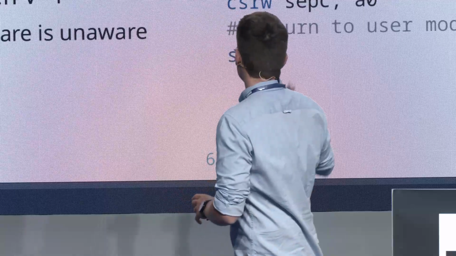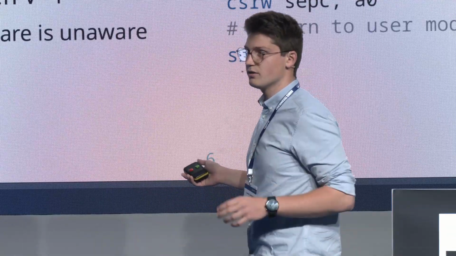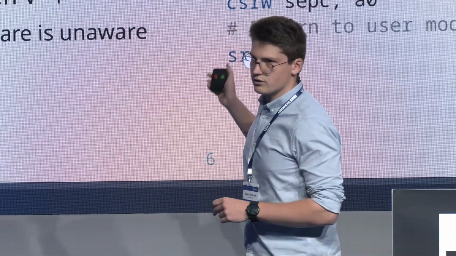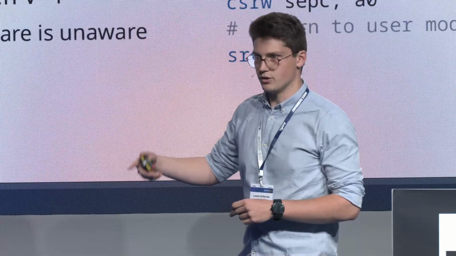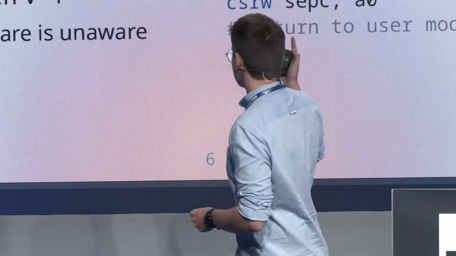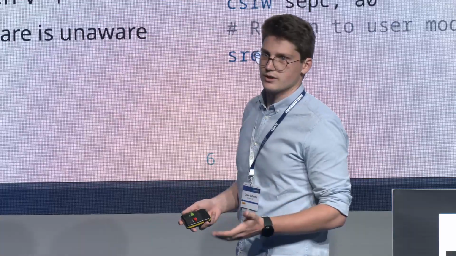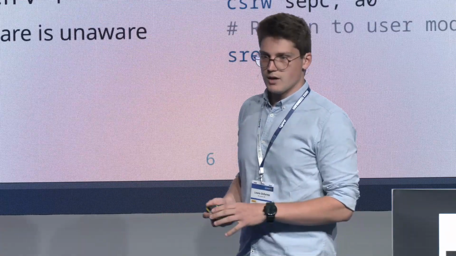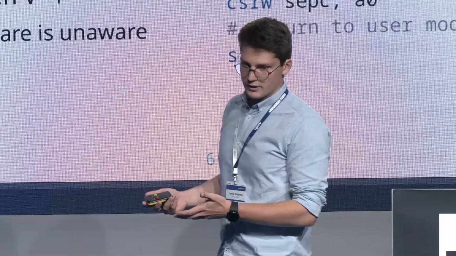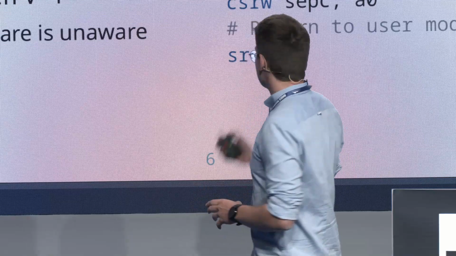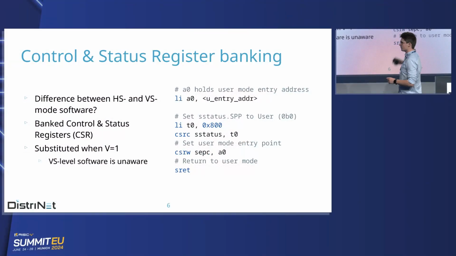For example, in the snippet that I show you here, it basically loads an address and jumps to it in user mode. This could be part of both a virtualized operating system and a normal operating system, but in the case of a virtualized operating system, these accesses to sstatus and the supervisor exception program counter will be substituted to the virtual equivalents.